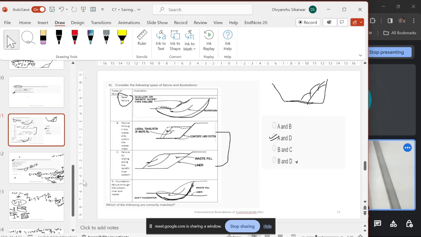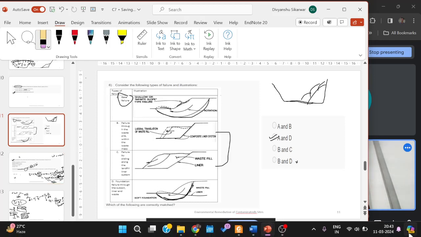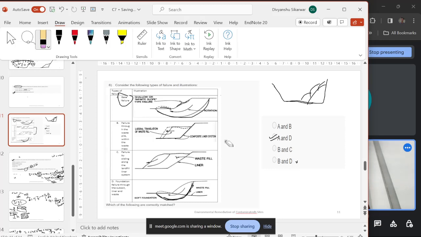Along the translational, there will be failure like this along the line, and there will be some translational movement. If you want, I can explain. Otherwise, if it's clear, we can conclude.